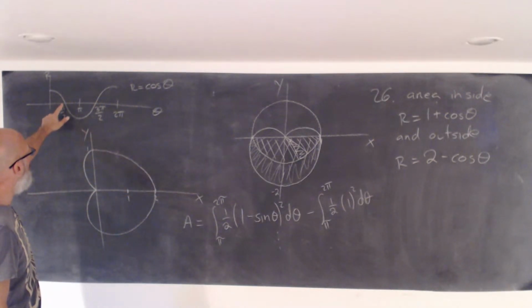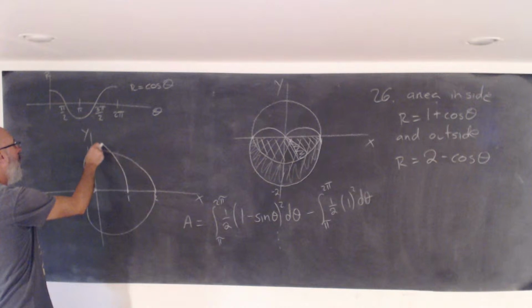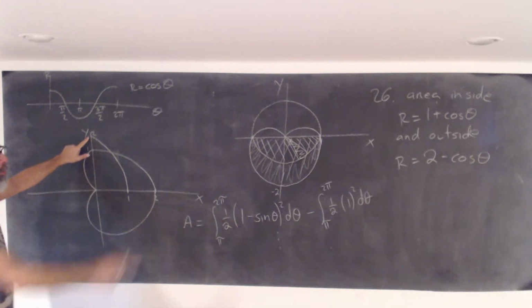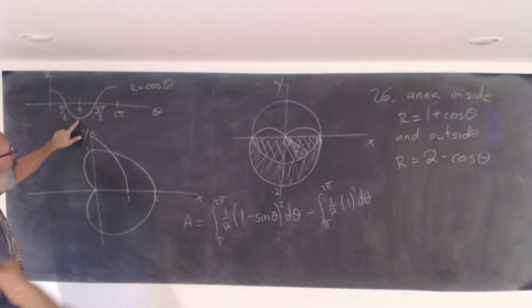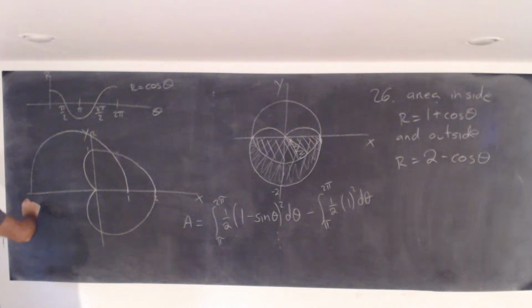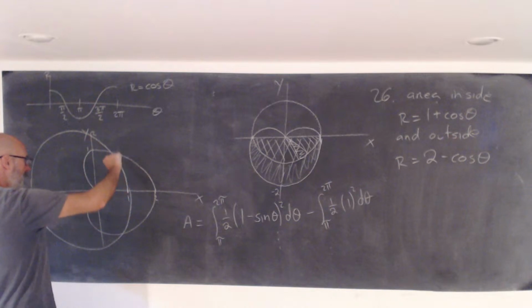Cosine decreases to 0 at pi over 2, so r is going to increase to 2. And cosine keeps going to -1, so r is actually getting larger all the way to 3 at pi, and then it does the opposite. Something like this.